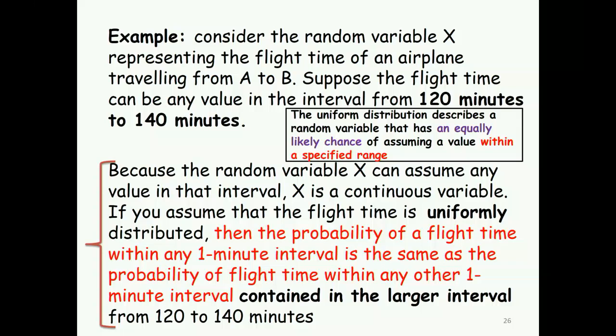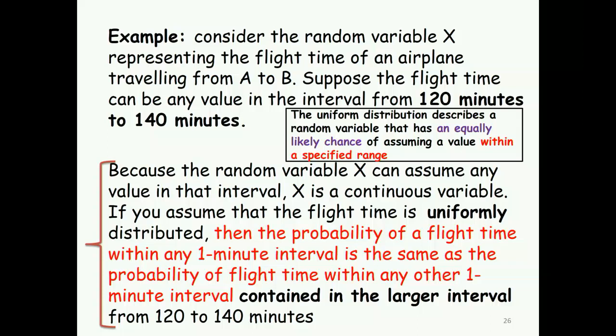The uniform distribution describes a random variable that has an equally likely chance of assuming a value within a specified range. Because the random variable x, which means the flight time, can assume any value between 120 and 140, x is a continuous variable because we are talking about time.